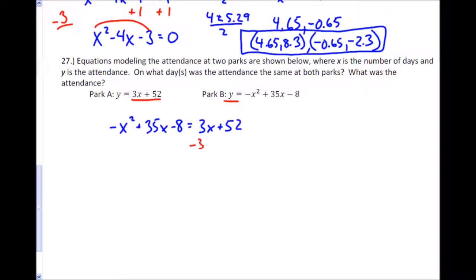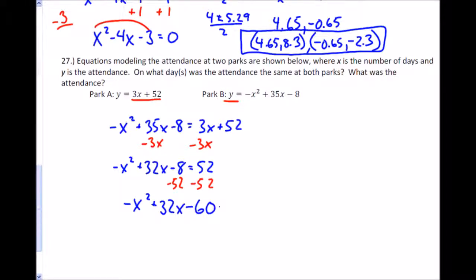I'm going to subtract the 3x from each side. I got to get everything on the same side of the equation. That's a negative x squared plus 32x minus 8 equals 52. I'm going to subtract the 52 from each side. So I end up with a negative x squared plus 32x minus 60 equals 0.